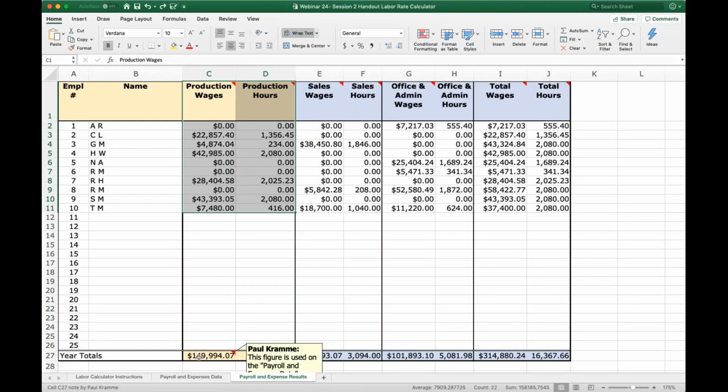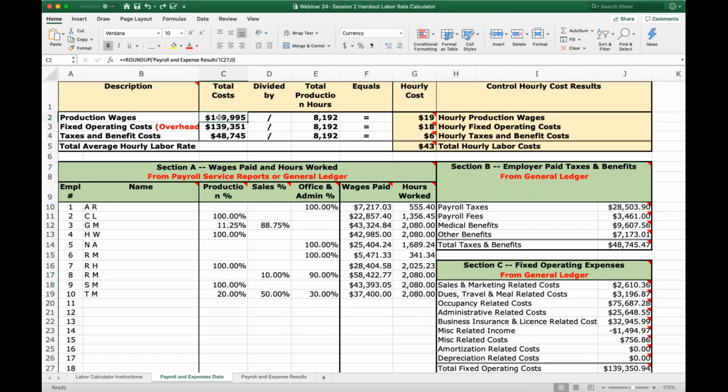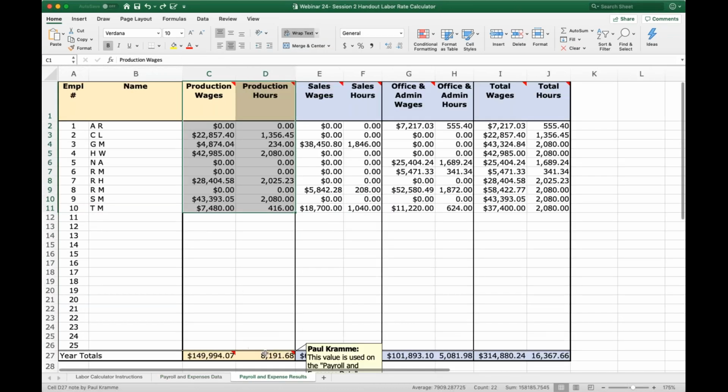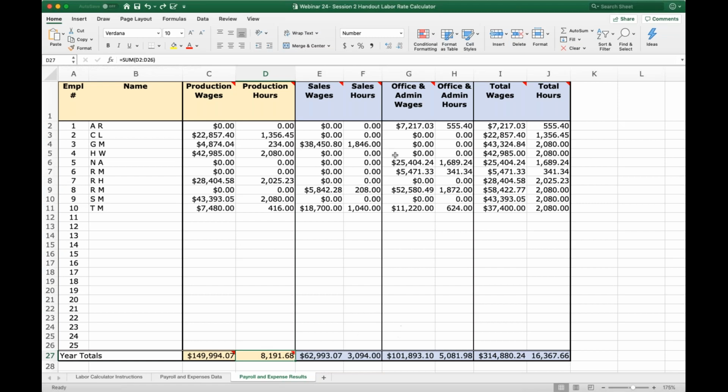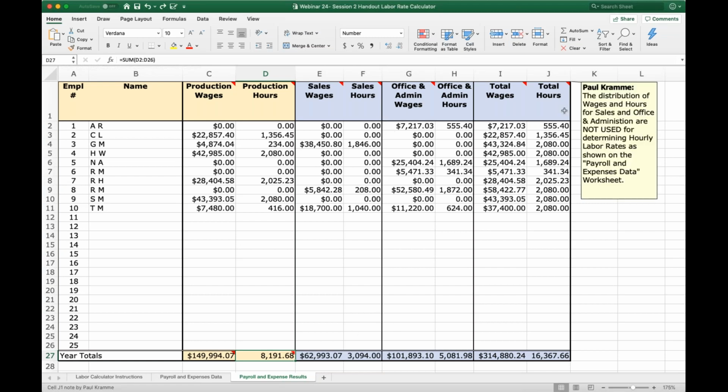So you can see this is how the wages were distributed, 149,000, and that's what we're using up here. 192 hours, and that's what we're using from there. These other three columns, for purposes of determining the labor rate, are FYI only. We're not using those to determine any of the labor rate calculations. Does that make sense?